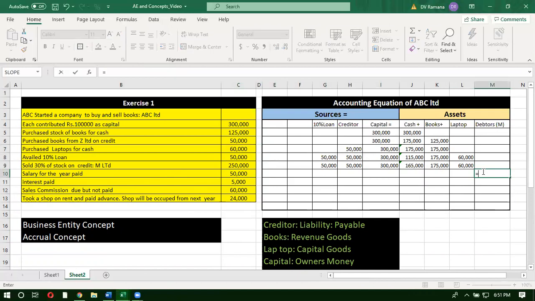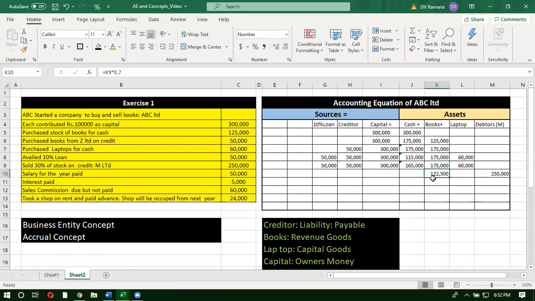Why will the company receive money? Because they sold goods. How much did they sell? The books are 30% of the stock, sold for 250,000. So how much stock is left? Stock left is 70%.